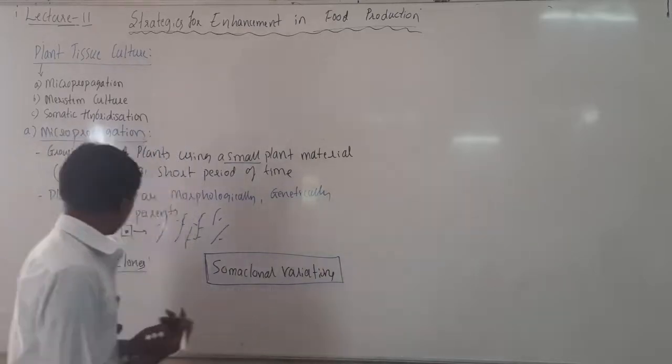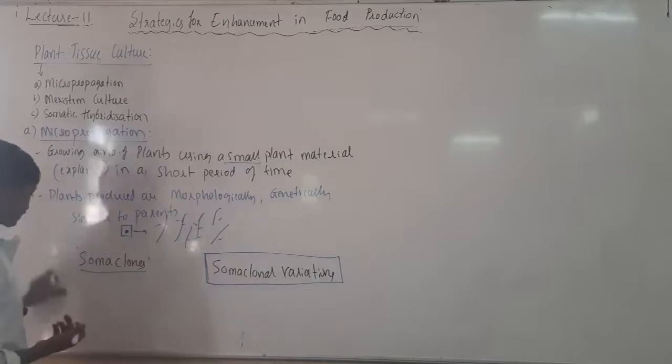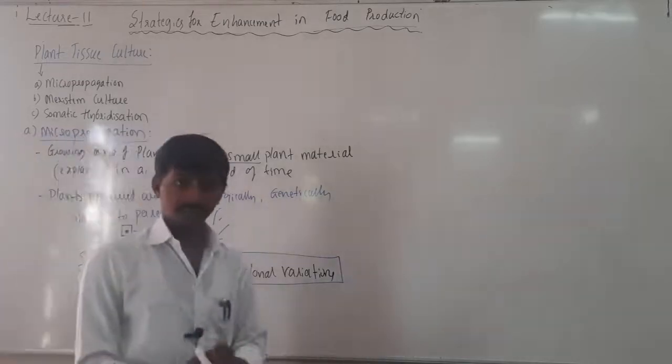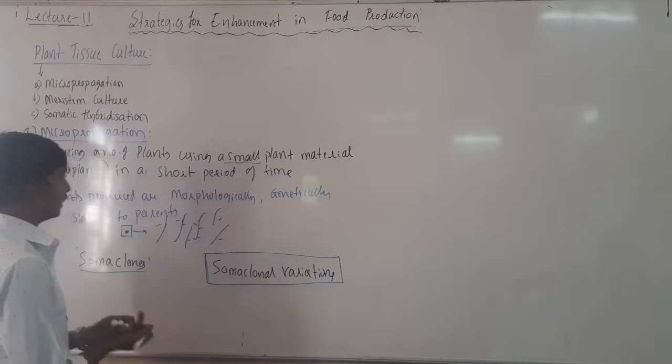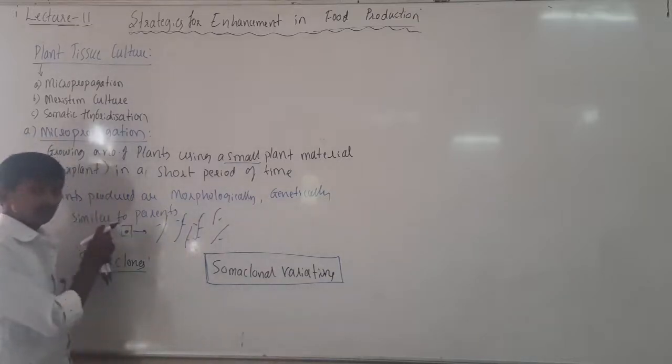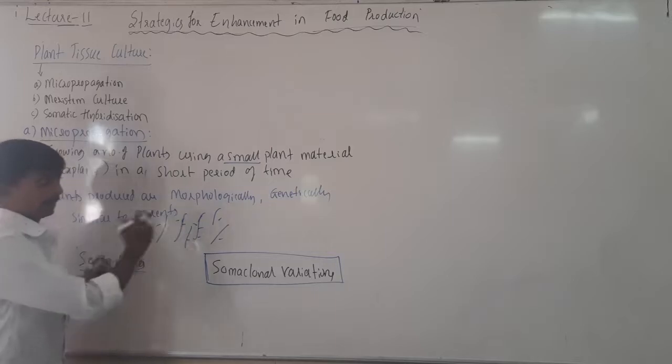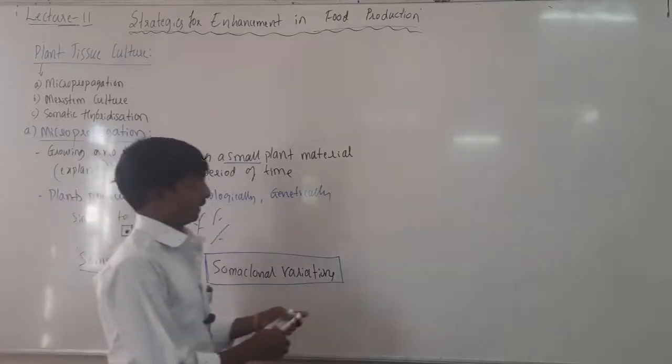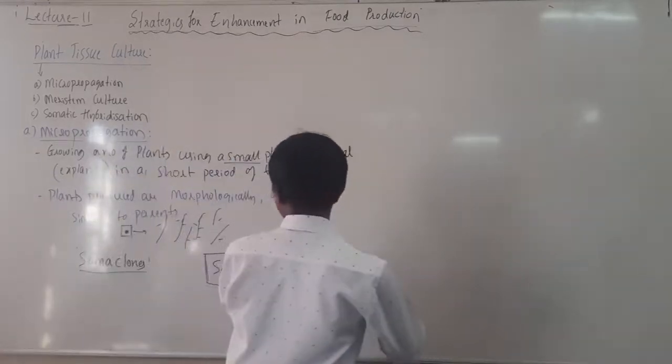It has been used to grow some crop plants like tomato, banana, etc. Simply, take a small part of the plant, and using that you can produce many plants. That is the main aim of this, right?